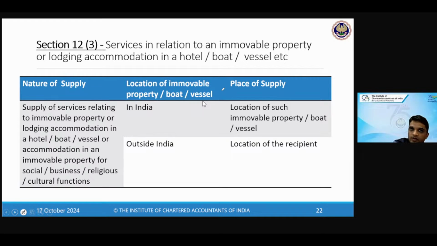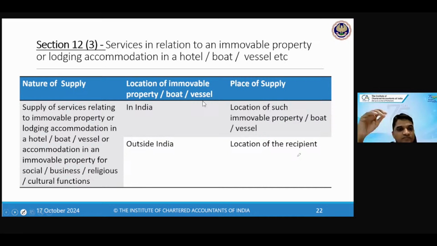We know the location of supplier and location of recipient. Now we are coming to the place of supply. In case of supply of services relating to immovable property or any lodging accommodation in a hotel or any such kind, where the location of that immovable property is in India, then the place of supply will be the location of such immovable property, boat or vessel. And if it is outside India, then the location of the recipient.